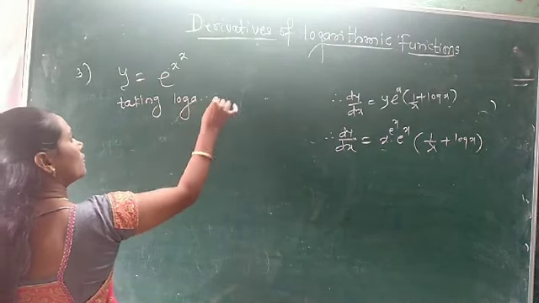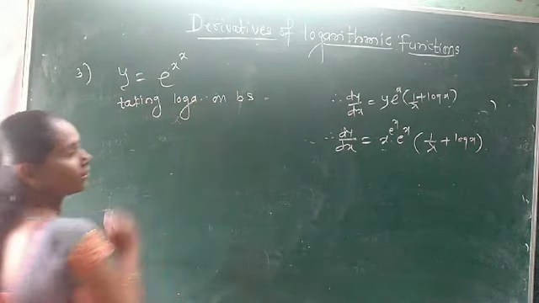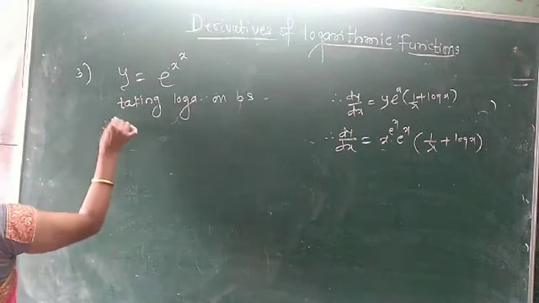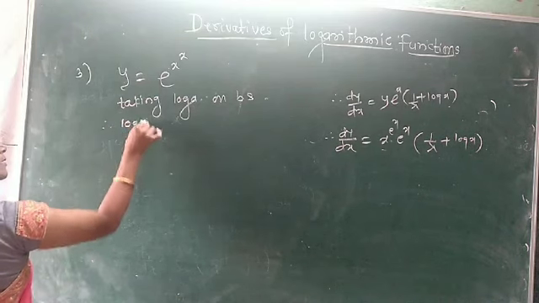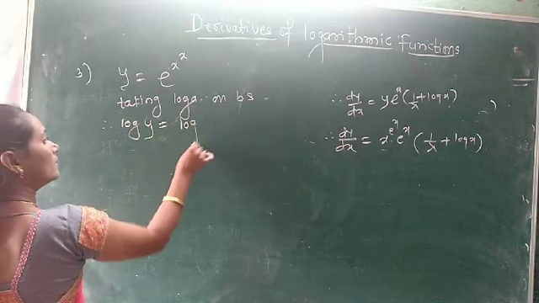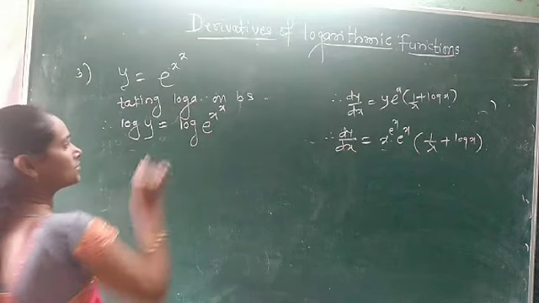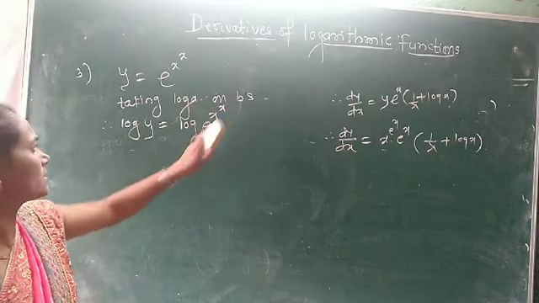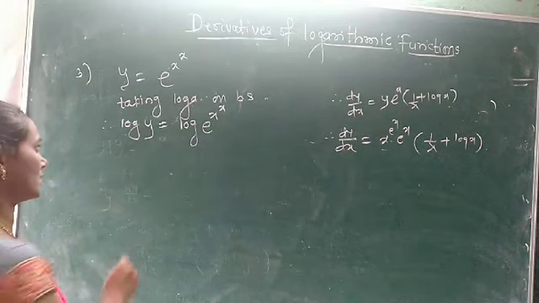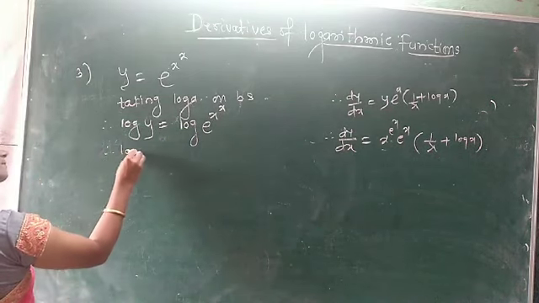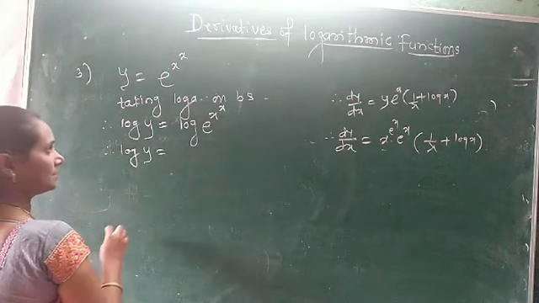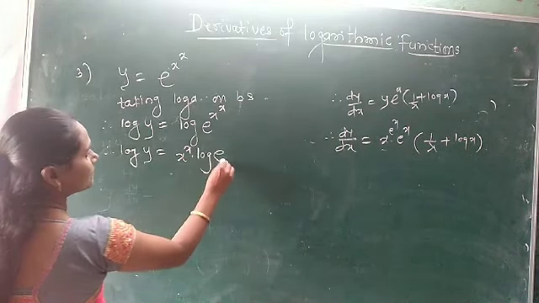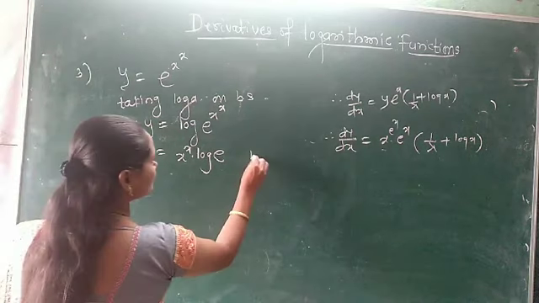Taking the logarithm on both sides. Therefore, log y is equal to log of e raised to x raised to x. Only apply log on both sides. Now, log y is equal to what? X raised to x into log e by using exponent law.